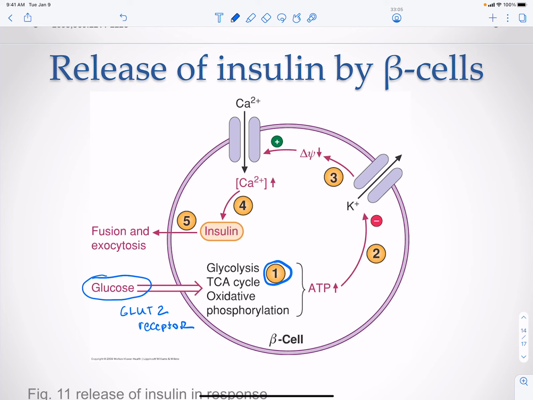And so the glucose is going to go through its normal process, glycolysis, oxidative phosphorylation, etc., and you're going to accumulate ATP, energy. Now, after you accumulate this energy, you are then going to target the ATP-dependent potassium channel.